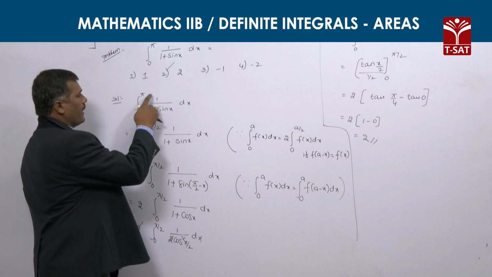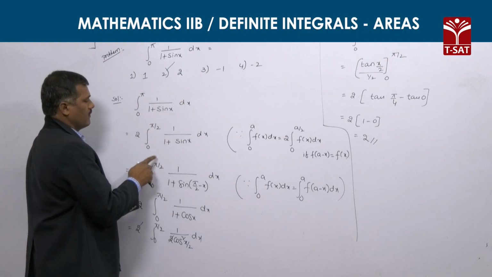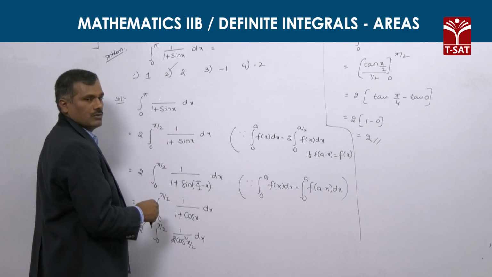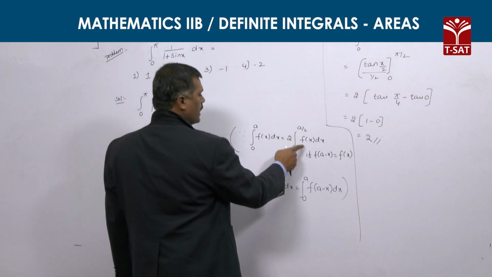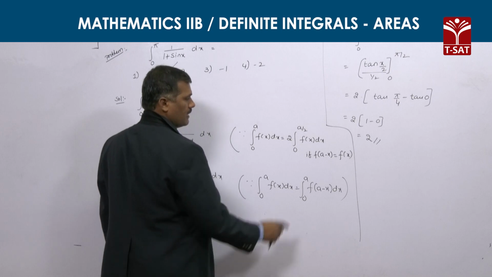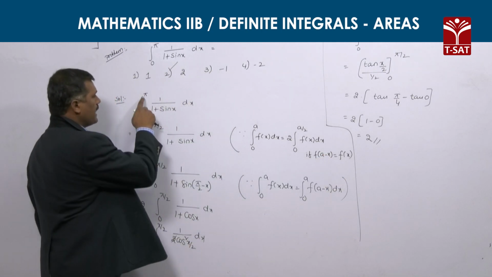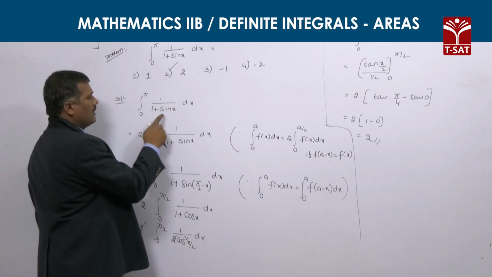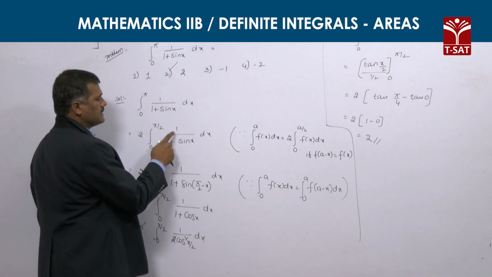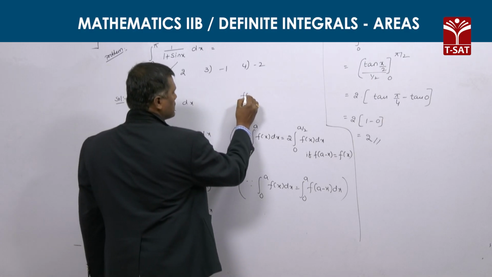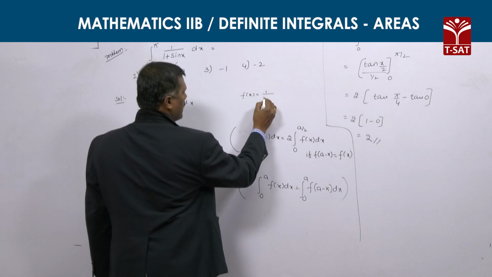Integral of 0 to pi 1 by 1 plus sin x dx. Integral of 0 to a f of x dx is equal to 2 into integral 0 to a by 2 f of x dx, if f of a minus x is equal to f of x. Here a is pi, f of x is 1 by 1 plus sin x.